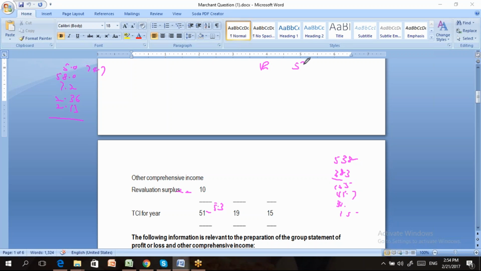Revenue 538. So that's 94.5. I think you deducted the share of profit of associate. It should be an income, 1.5.